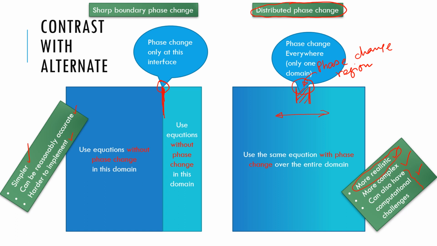So this distributed phase change is discussed at length in the following modules, and again, we just said that there are pros and cons of it, but if you want to follow up with the distributed phase change, that's in the next modules under porous media.